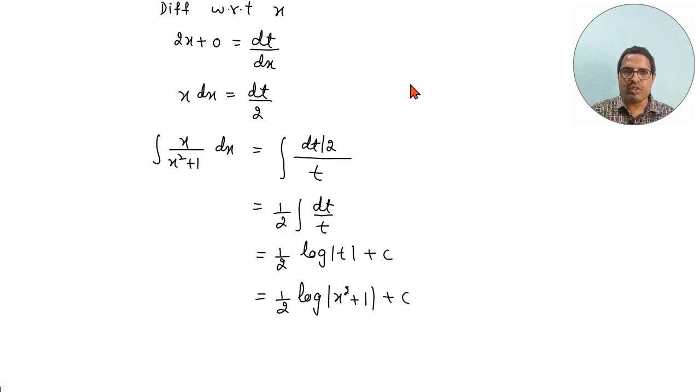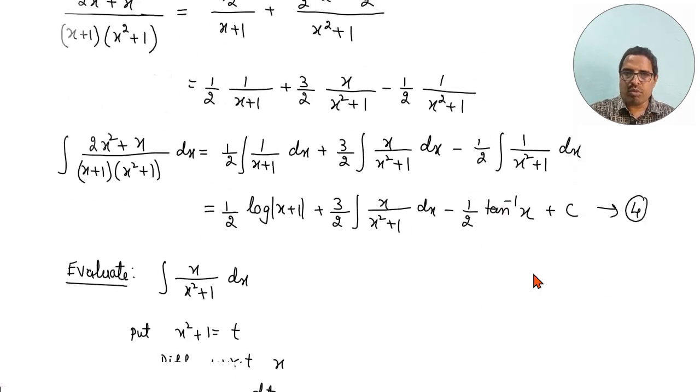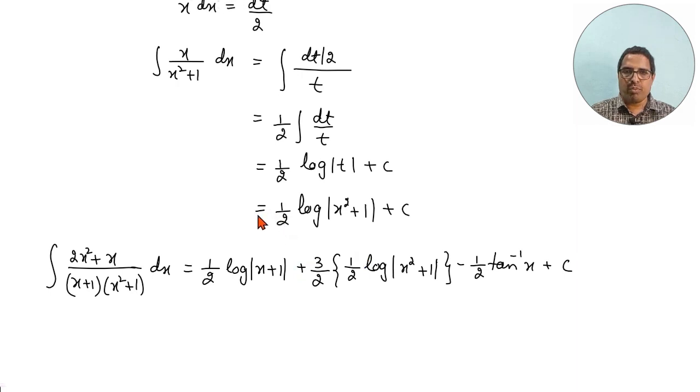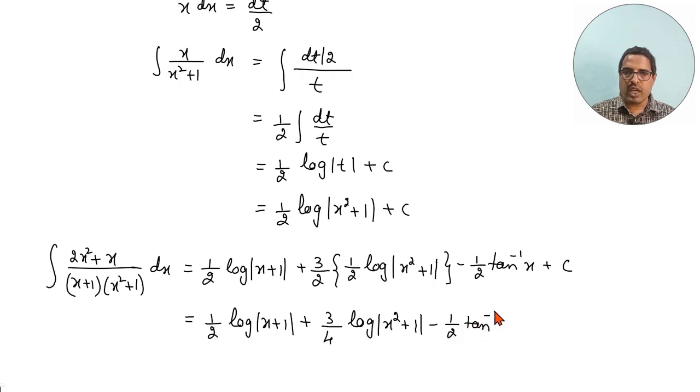So substitute this value back in equation number 4. Hence, after plugging in this value in equation number 4, we get this particular equation. Let us further multiply this out. We have 1 by 2 log of mod x plus 1 plus 3 by 2 times 2 will be 4 into log of mod x square plus 1 minus half times tan inverse of x plus the constant c.